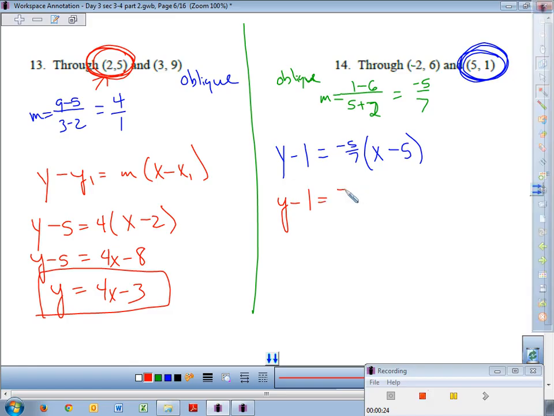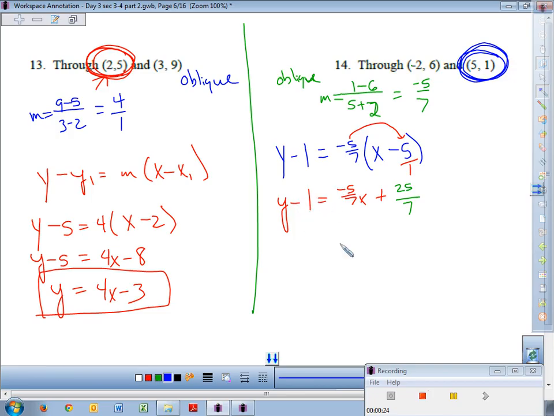And all we got to do is distribute this. Remember, we want to figure out what sign this is going to turn out first. So negative times a negative is a positive. And then just make this guy a fraction. To multiply fractions, you do not have to have a common denominator. You just multiply it. Numerator times numerator, 5 times 5 is 25. Denominator times denominator, 7. But when you want to add fractions, that's when you need the common denominator.